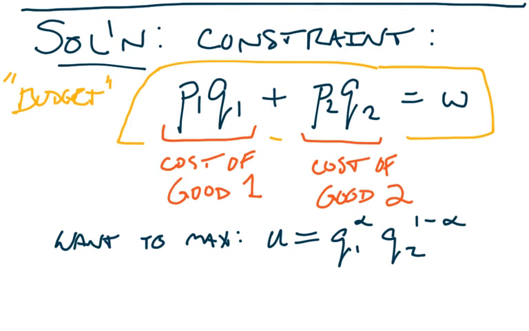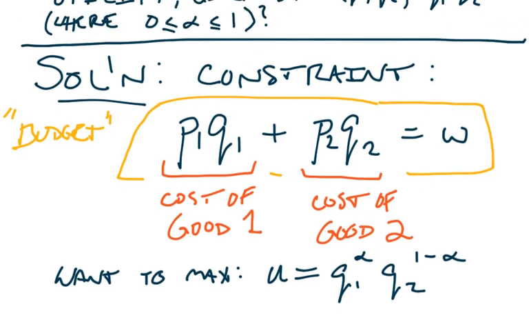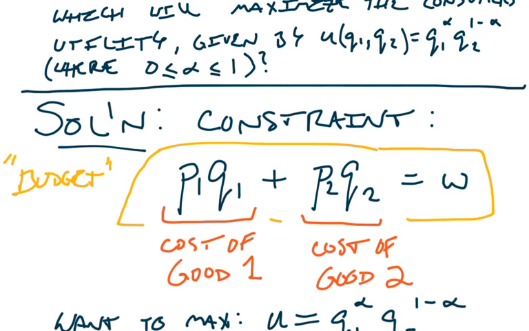And again, this is a very general thing. If I scroll back up here, you can see that this alpha parameter is just any number between 0 and 1 right now. For the specific consumer you're looking at, as I talked through a little bit last time, the different values of alpha would tell you how much they enjoy or how much utility they get from quantity 1 of good 1 versus quantity 2 of good 2.